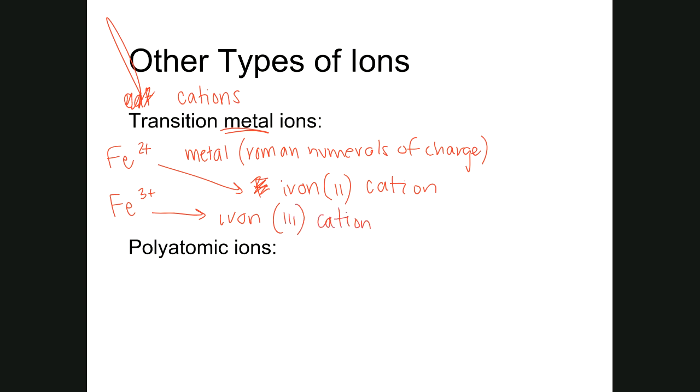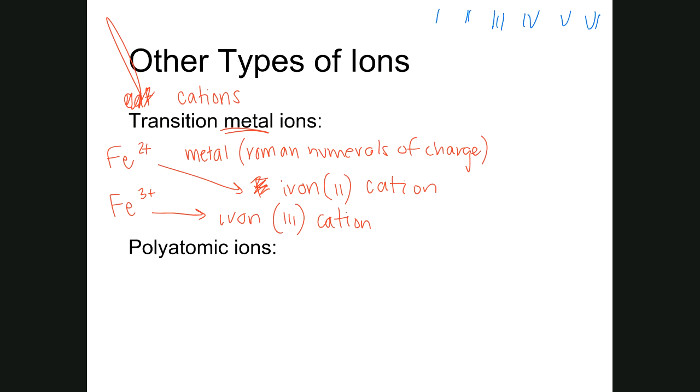So just in case you don't remember your Roman numerals, it goes 1, 2, 3, 4 is an I and a V, 5 is a V, and then 6 is V and a line. And we aren't going to be going higher than 6. So just as a reminder. So we have iron 2 and iron 3. Again, we don't have to specify that it's positive because as a metal, it's already assumed to be positive.